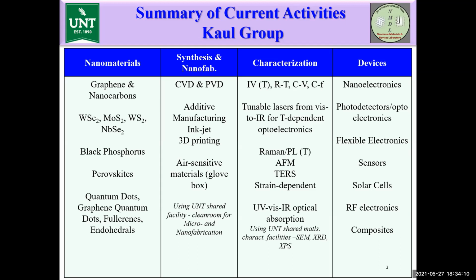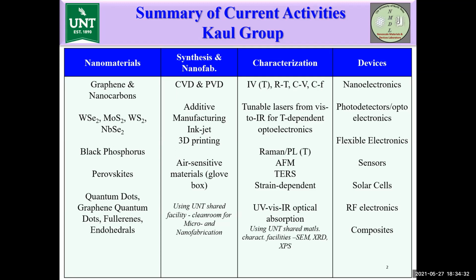We have several synthesis techniques available in our lab, as well as research facilities. We have in-house PVD and CVD, inkjet printing for additive manufacturing, and a glove box to store air-sensitive materials. We also use the UNT clean room shared facility to fabricate devices.